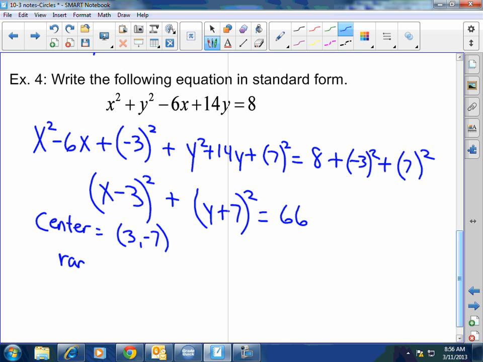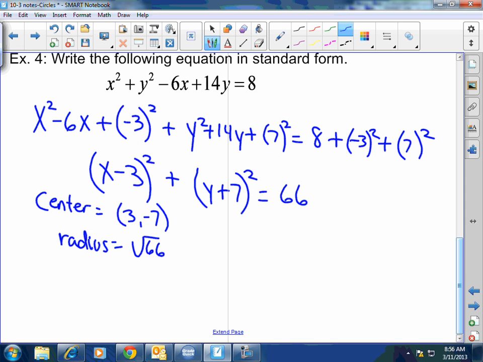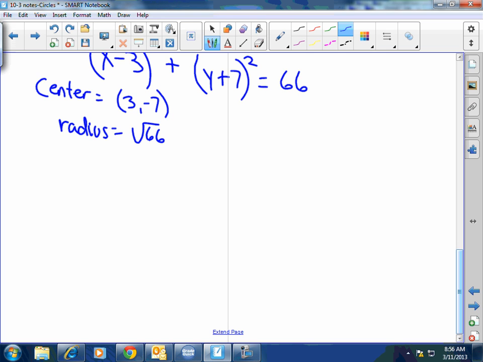And the radius would be the square root of 66, which when we're graphing this, guys, is going to be between 8 and 9, but closer to which one? Really closer to 8. Yeah, it would be like 8.1. 8.2 is exactly correct. Okay? Does that make sense, guys?